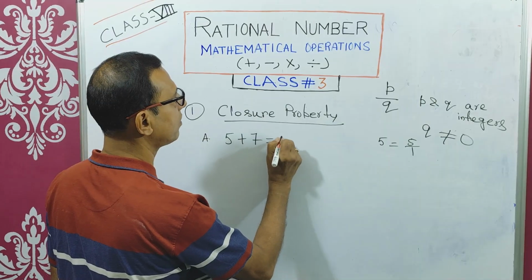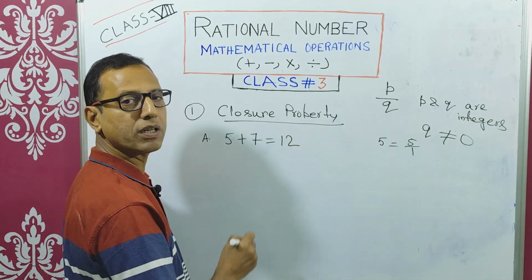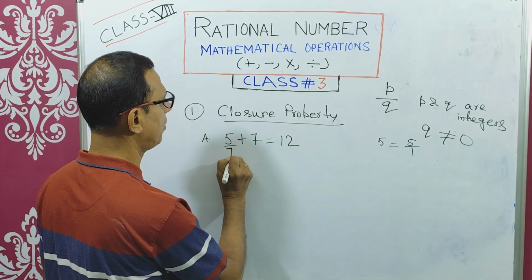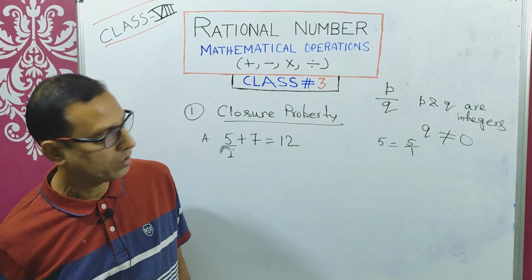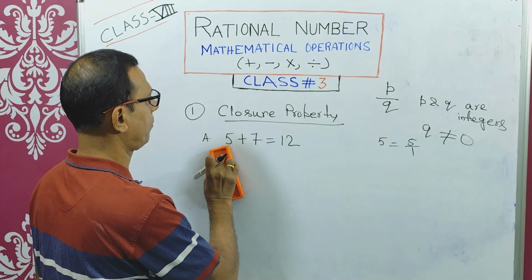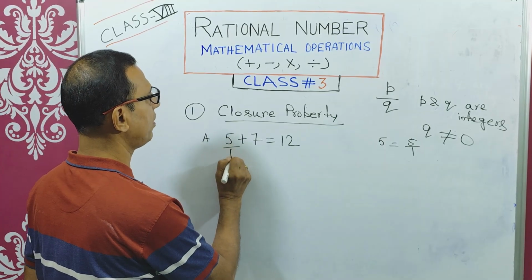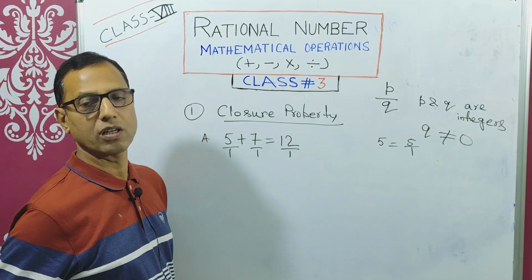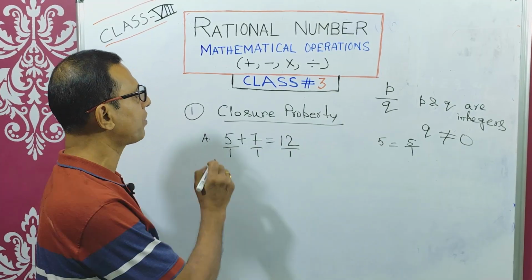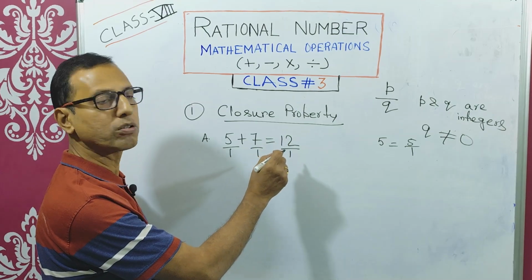That means, let's say 5 and 7, two natural numbers or positive integers. The result is 12. 12 is also a natural number. 5 means 5 by 1, 7 means 7 by 1, 12 means 12 by 1. So all these are rational numbers. So if we add two rational numbers, it also returns a rational number.